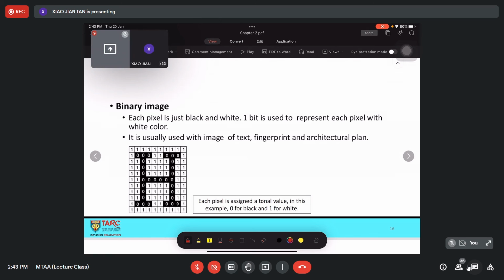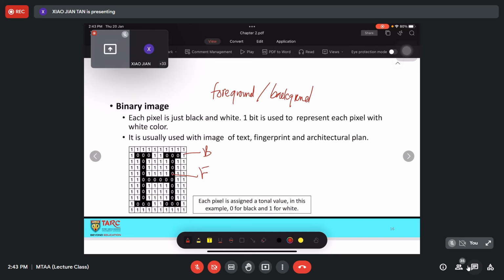So for this one, the 0, the black color, is the foreground, and the white color, the 1, is the background. Foreground means something that you want, and background would be the background. So this one would be background, this one would be foreground. That is why you can observe the alphabet H, right?